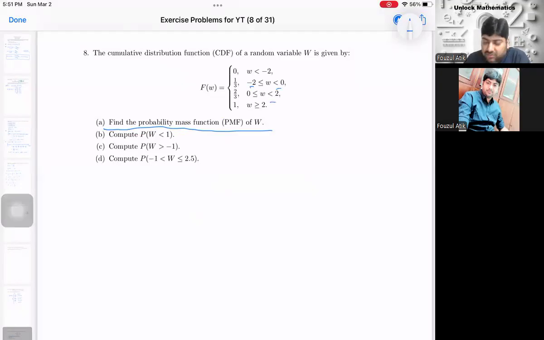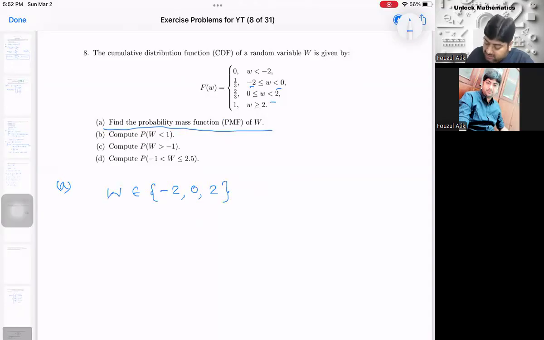Whatever the height of the jump is, that will give you the probability mass function. So the random variable W takes the values at the jump points, which are -2, 0 and 2, and all other values have probability 0.